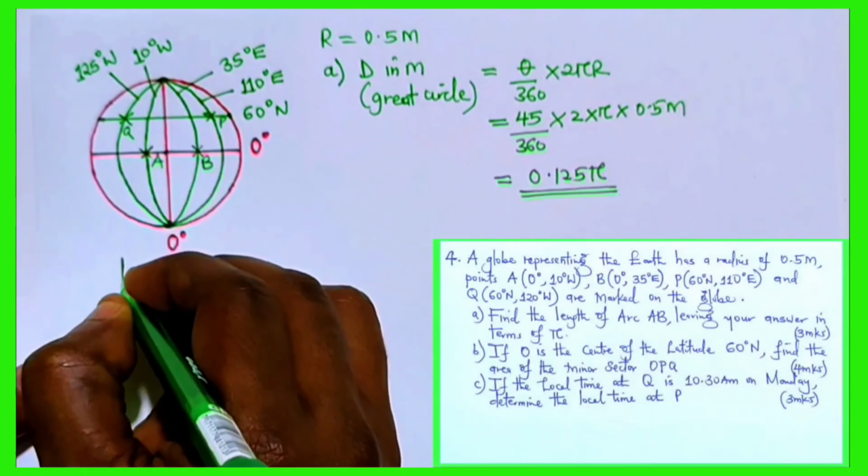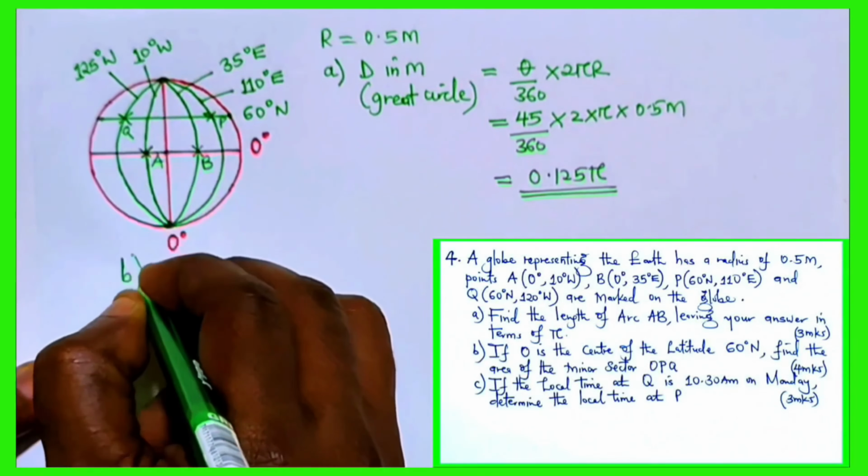Part B of the question. If O is the center of a latitude 60 degrees north, find the area of the minor sector of PQ. So I've picked this latitude. So this is the latitude 60 degrees north. So I'm assuming the Greenwich meridian will be passing through this point.